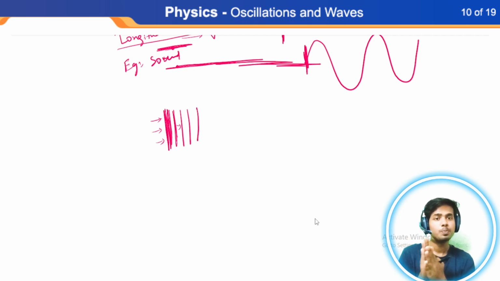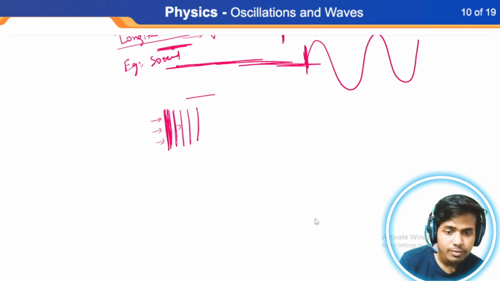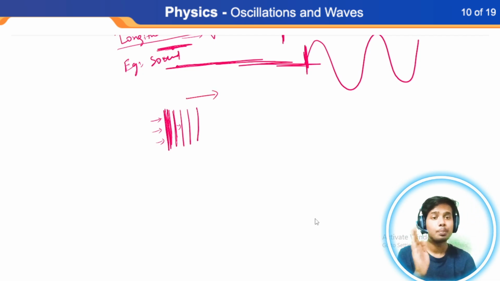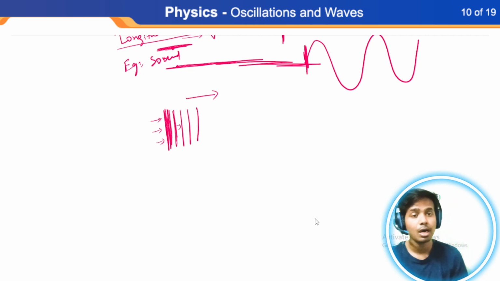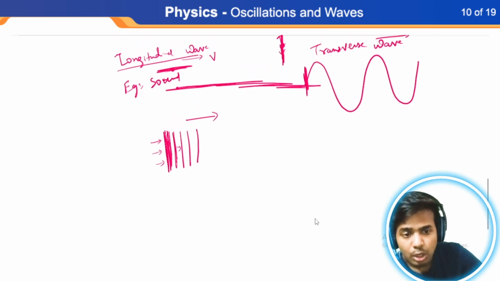So it is actually pressure which is increasing and decreasing, and some sort of movement of the wave. While the overall sound is moving in this direction, the pressure components of this oscillation are also moving in either this direction or the opposite, the same direction. So that is why it is called longitudinal wave.